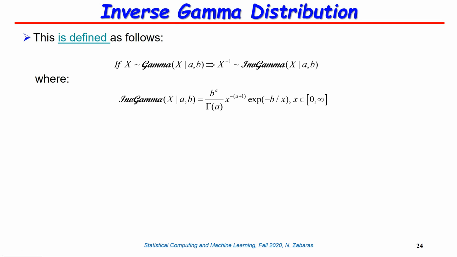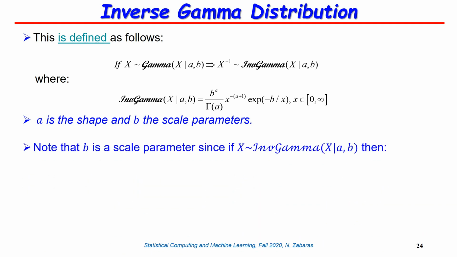So the parameter a for the inverse gamma is called the shape parameter, and the b is called the scale parameter, right? And if you want some intuition why beta is here called the scale parameter, I can tell you that if x follows an inverse gamma distribution, you can actually show that x over beta, if I call that variable y, then that y follows an inverse gamma distribution with parameters alpha and 1, okay?